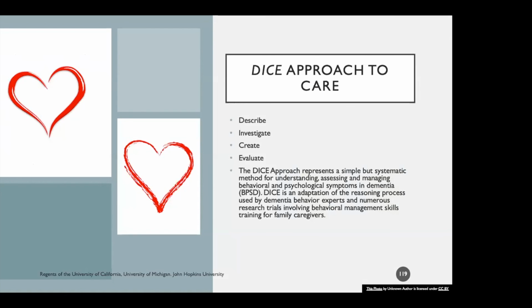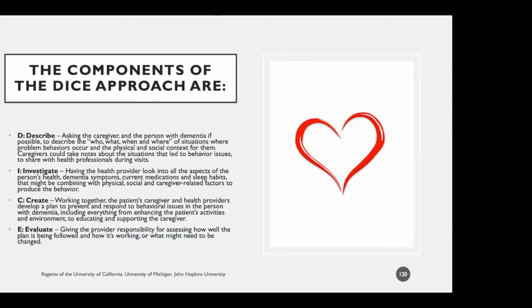And on the next slide, I'm actually explaining how you write a DICE report. You describe the problem, you investigate the problem, you create a plan, and then you evaluate: did it work? And so this is an evidence-based approach.